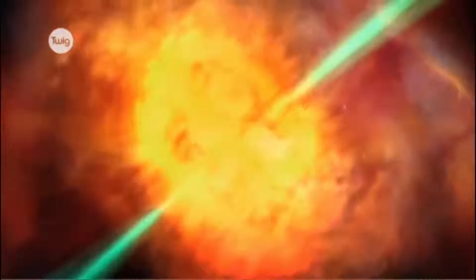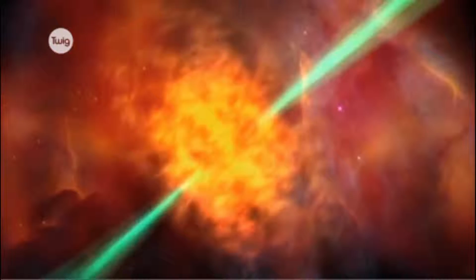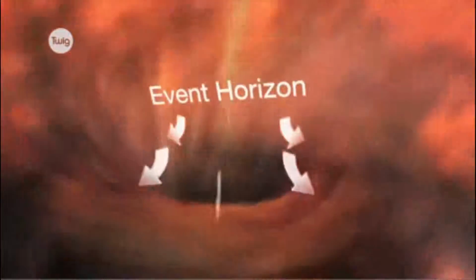The gravitational pull around the singularity is enormous. The force close to it is so strong that not even light can escape. This region is called the event horizon. Anything inside this area will be pulled towards the singularity and lost forever.